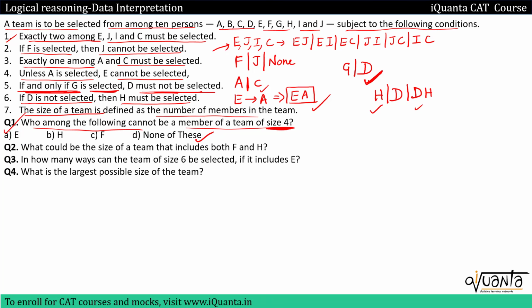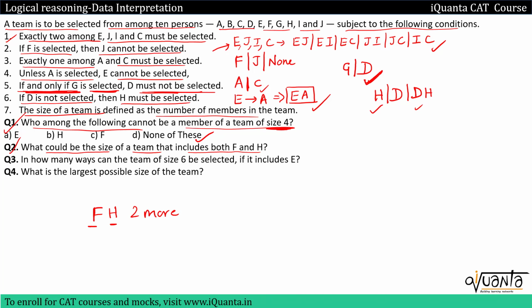Let's try to solve the next question. The next question is, what could be the size of a team that includes both F and H? So let me include both F and H. I have to make sure that there must be 2 members out of EJIC that have to be selected. So I have to include 2 people out of EJIC, so 2 more will be there.